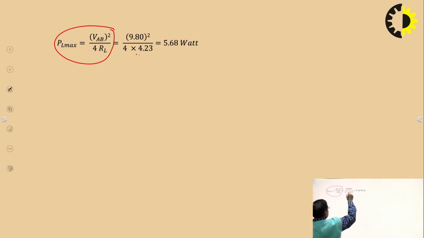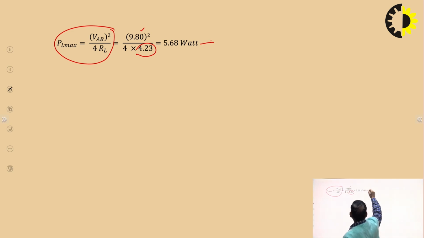RL we have taken from the ZL, where ZL is equal to RL plus JXL, and this is the wattage. This is the maximum power supplied by the energy source to the load ZL, and to have the maximum power, ZL is the complex conjugate of ZTH. So this way we can solve the problems.